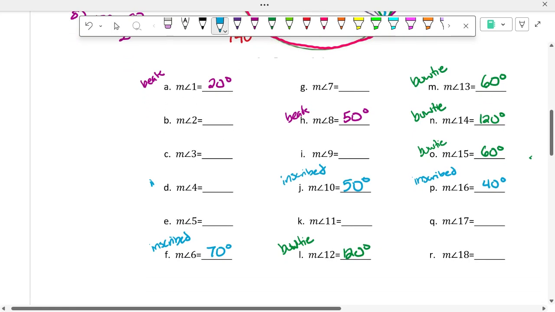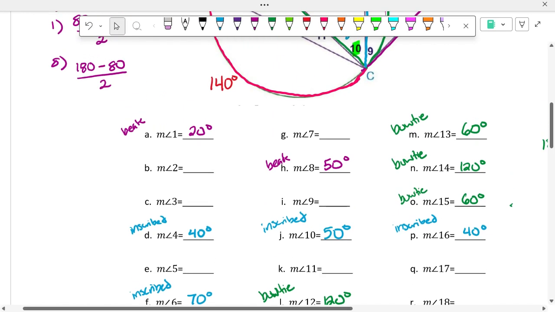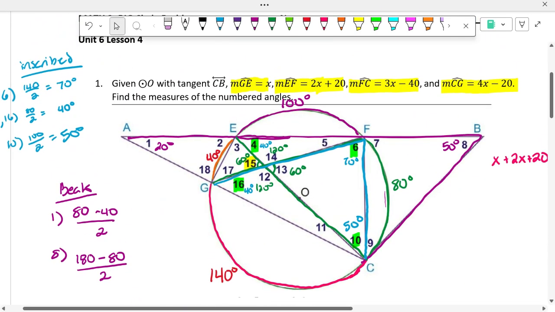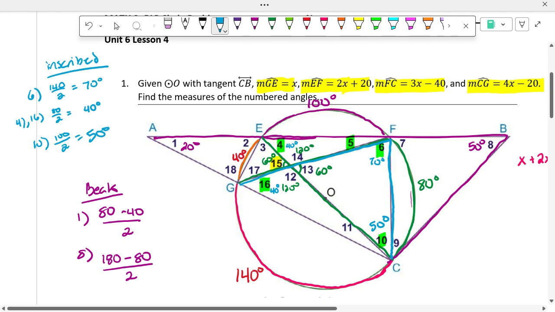So 4 is inscribed, and it's 40 degrees. Okay, so I heard 5, so let's check. It is inscribed. So what's its intercepting arc? 40. So if I divide by 2, I get 20.